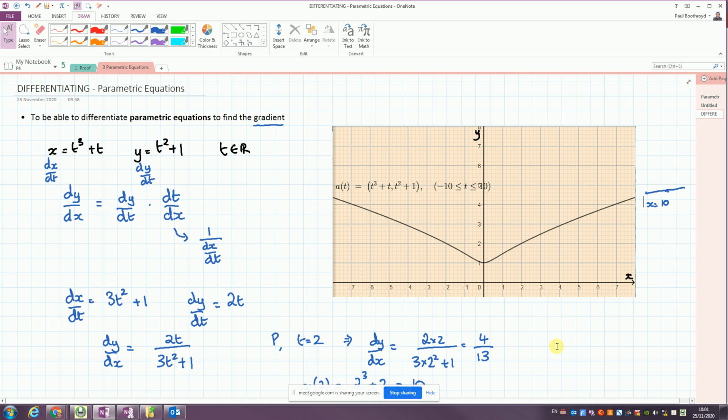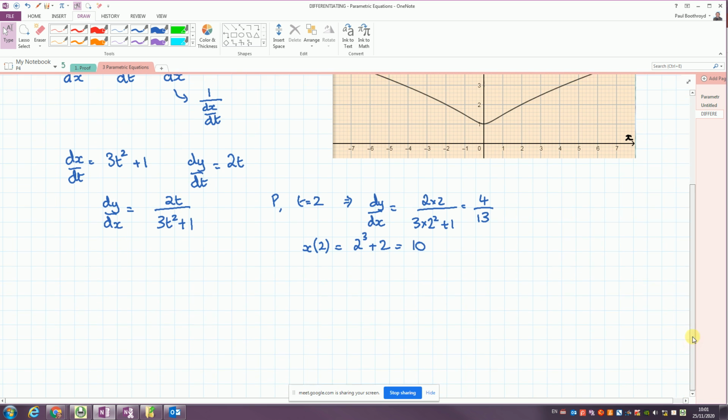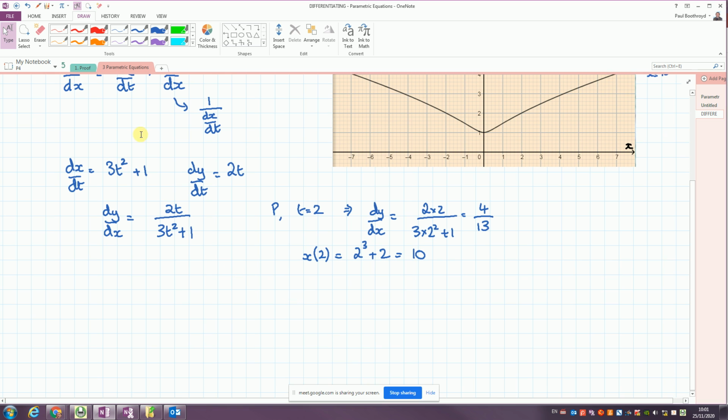Other questions that you might come across are things like: find out when the gradient of this function is a half. So when is the slope positive 1 half? We say dy/dx is equal to a half, which is equal to my function 2t over 3t squared plus 1.